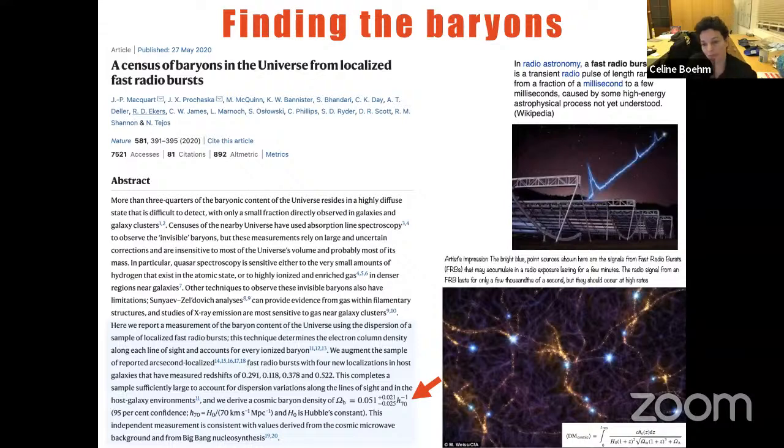And if you ask for the definition, the best definition is given by Wikipedia at this stage. They say it's essentially a transient radio pulse, of a length which varies, so we don't really know, but actually millisecond seems to be one of the most frequent.